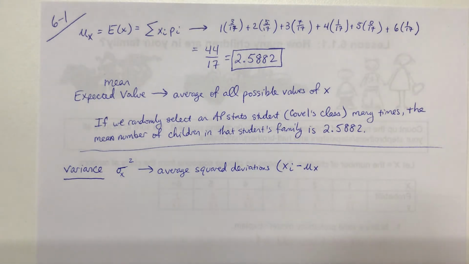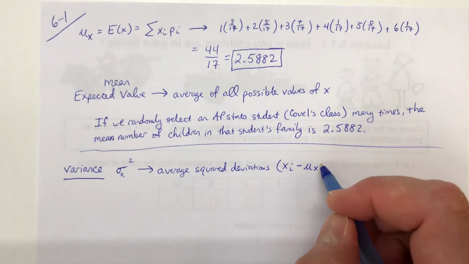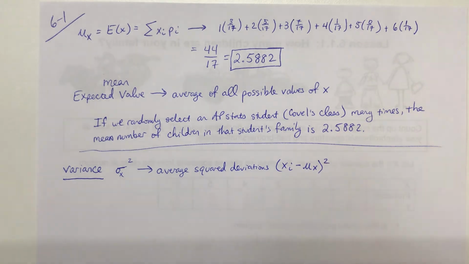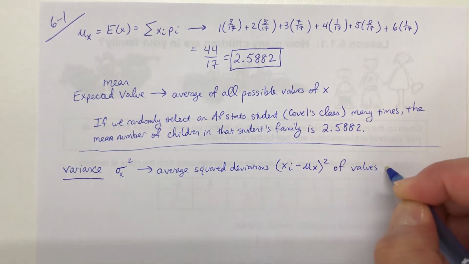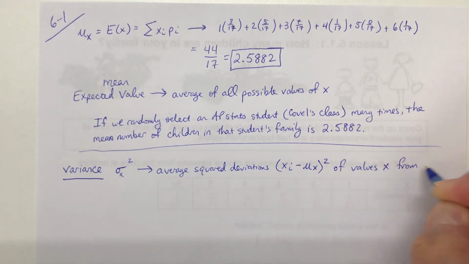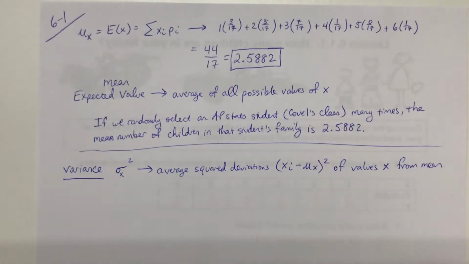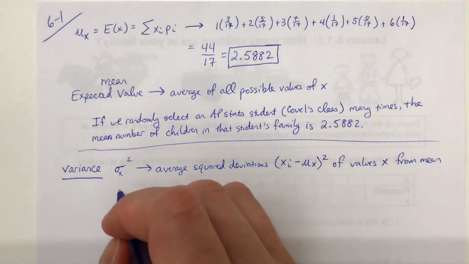So how far away is each number that we have from the mean? And we square it. It's the average squared deviations of our values x from the mean. And we could write that formula.